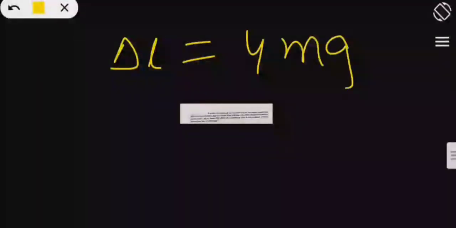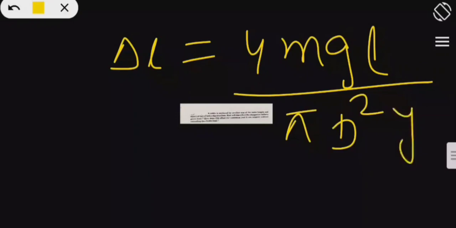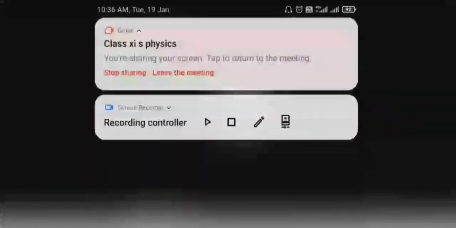This will become delta L is equal to, just reversing, nothing else, 4 mgl whole divided by pi d square Y. Now see the relation. Here delta L is inversely proportional to d square. Write it simultaneously. Delta L is inversely proportional to 1 by d square.